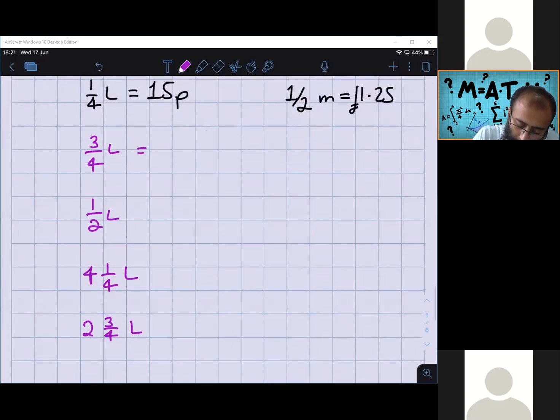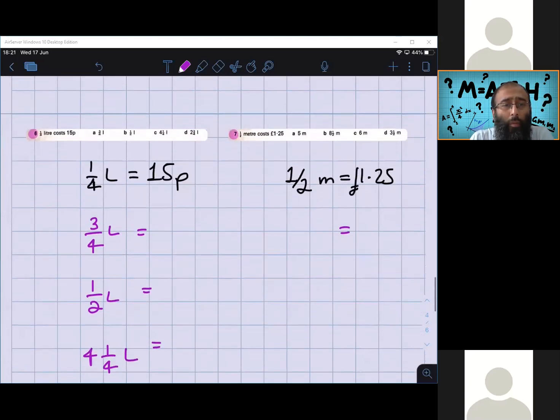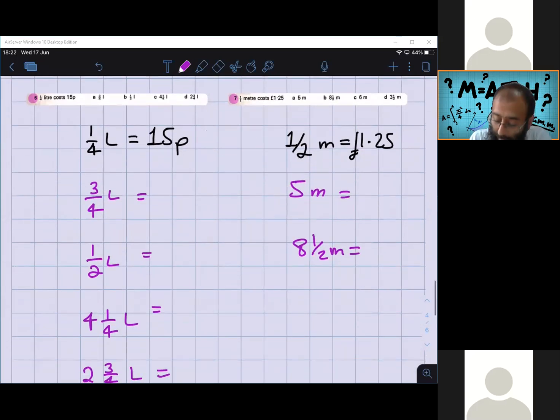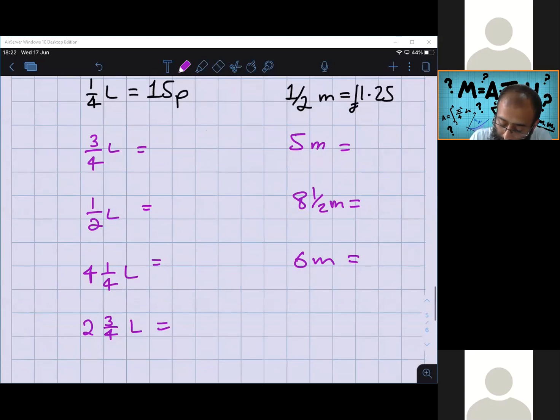Okay, the next one is half meter. We have 5 meters. We have 8.5 meters. We have 6 meters. And then we have 3.5 meters.